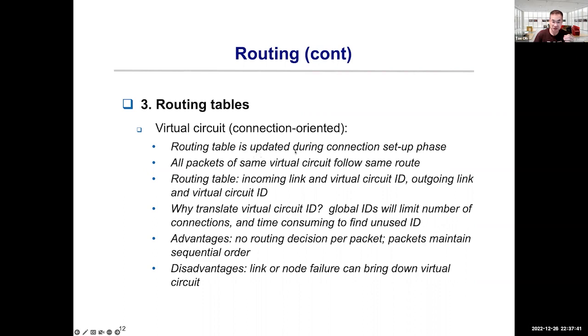If there's instability between the nodes, the routing table is updated during the connection setup phase. All packets of the same virtual circuit follow the same route. It's like the route is pinned. So the routing table has the incoming link, what is the incoming virtual ID, what is the outgoing link, and the outgoing virtual circuit ID.